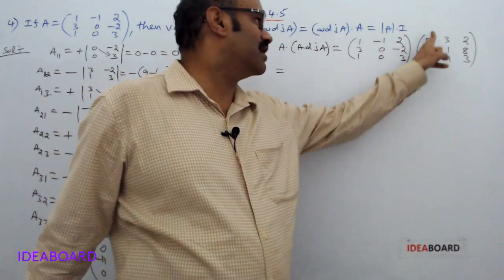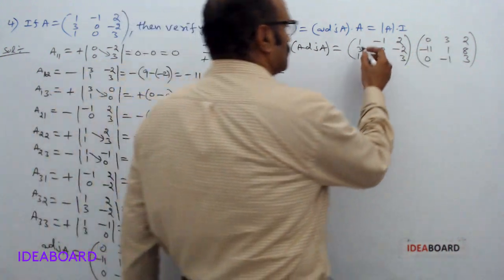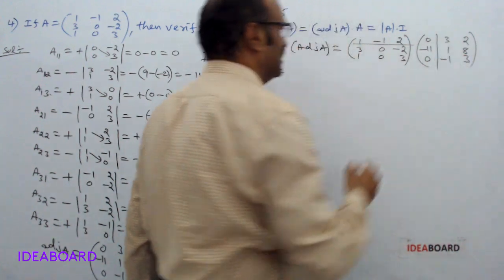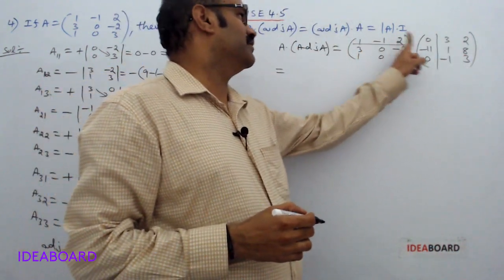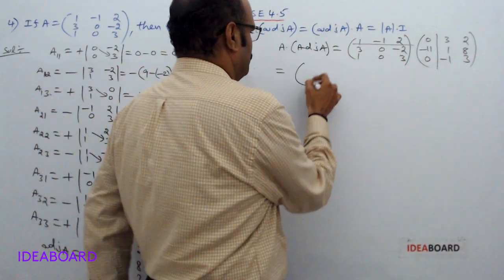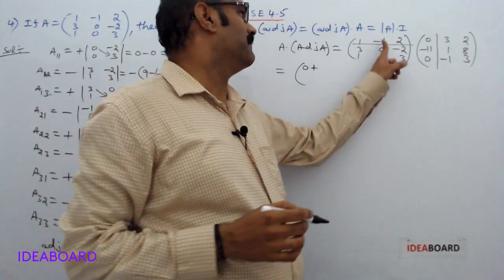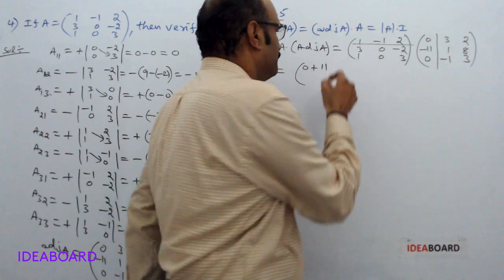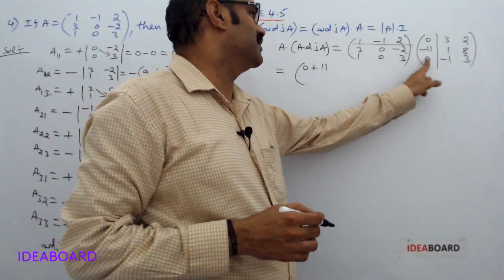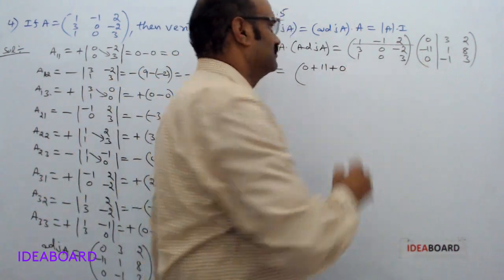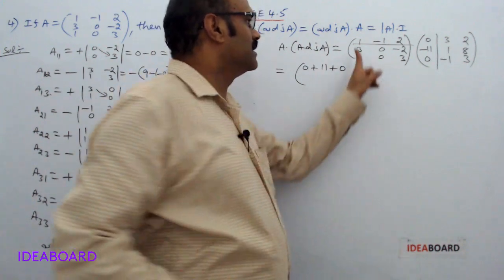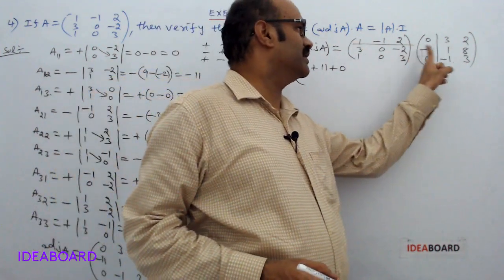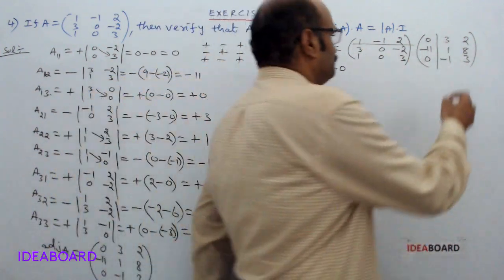We have to take first row and first column. So first row into first column we have to multiply: 1 into 0, 0, plus minus 1 into minus 11, plus 11, plus 2 into 0, plus 0. Similarly, now first row into second column.